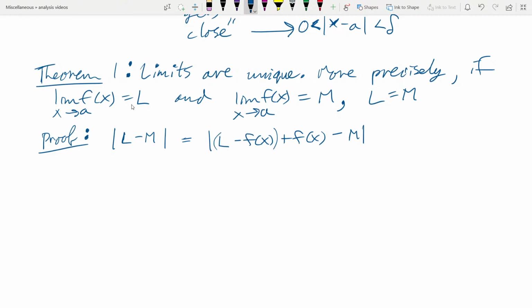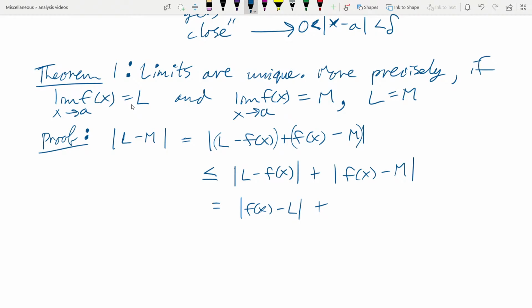If we group the first pair of terms and the second pair of terms together, we can bound this expression above by this sum: absolute value of L minus f of x plus absolute value of f of x minus m. And then finally, I can switch the order of these terms in the first absolute value, because that's the same as multiplying by a negative, but that doesn't change the absolute value.